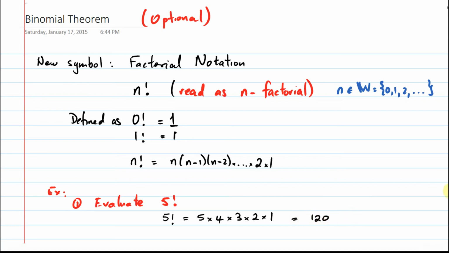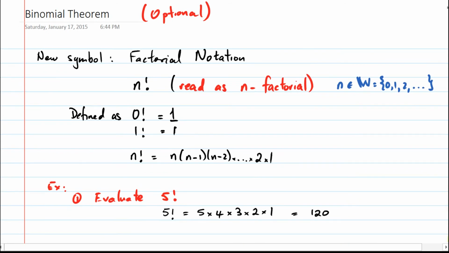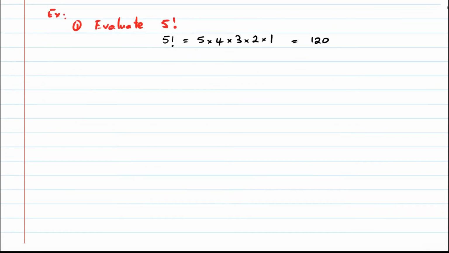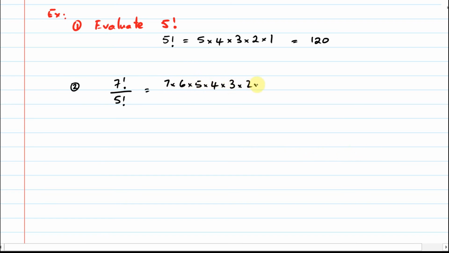Alright, so it's not very difficult, this idea of factorials. Let's look at it in a little more detail. Let's look at number 2. Suppose I have 7 factorial divided by 5 factorial. So we're just doing some factorial arithmetic, if you wish. The numerator is 7 by 6 by 5 by 4, 3, 2, and 1.